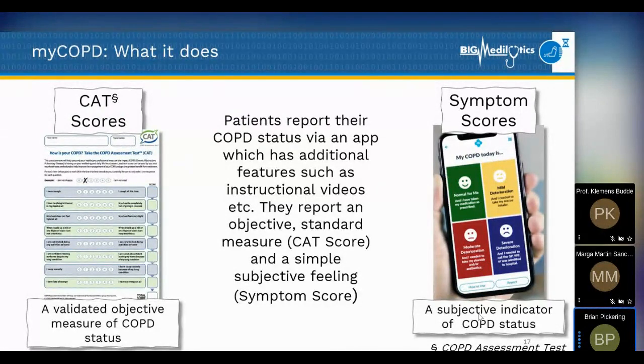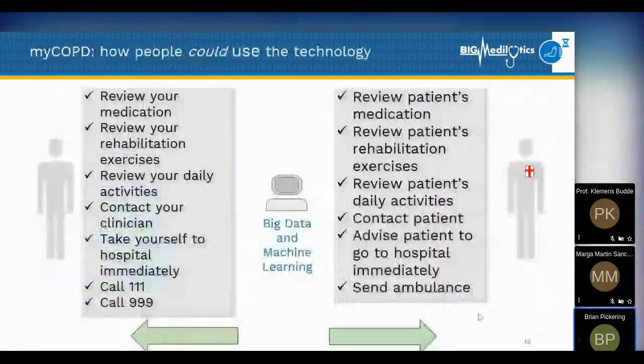The app, however, also includes a subjective measure, namely the symptom score. As you'll see on the right-hand side, it's very simple. 1 of 4 options. Do I feel as I do normally? Is there some deterioration? Is there actually more? And in fact, am I really struggling? So 4 options, and those 2 data streams are collected for the machine learning, and then we attempt to model and predict any exacerbation event.